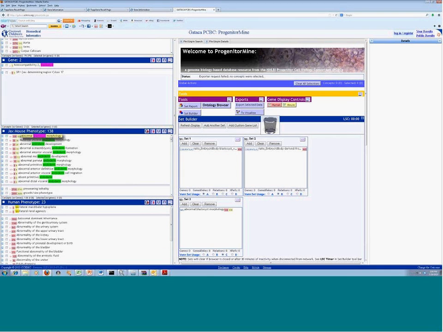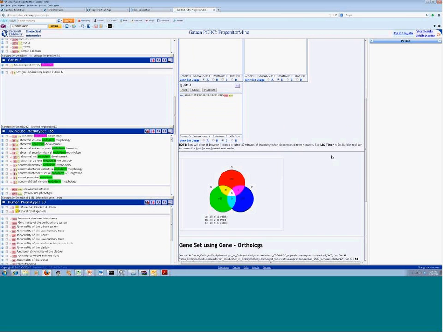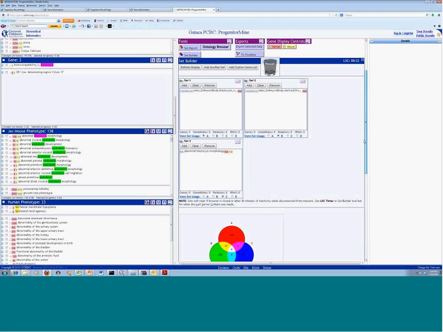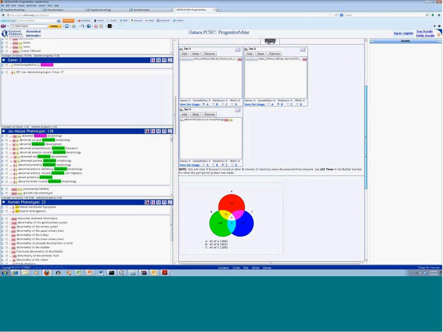now from mouse phenotype. So there's 108 genes that are known to give you abnormal blastocyst morphology, and then you can now see that there's actually an intersection of just one gene. Sorry, I didn't have a better query.